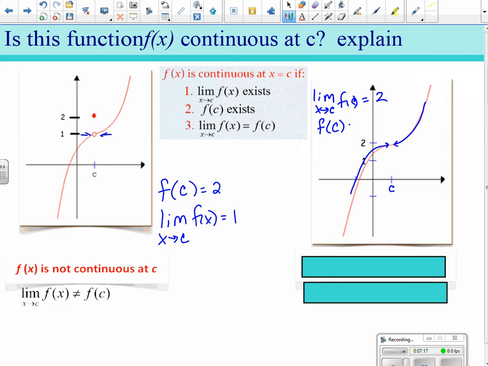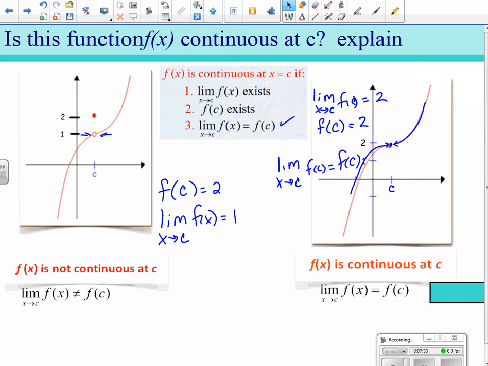Yes, f of c, if I look up here, is also equal to 2. Therefore, the limit as x approaches c of f of x is equal to f of c. So this one is continuous, for the reason that we stated: conditions 1, 2, and 3 all hold.